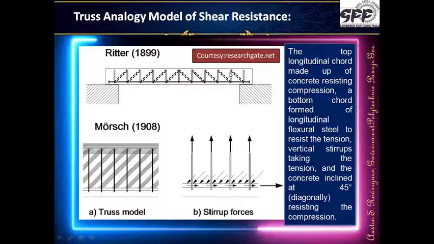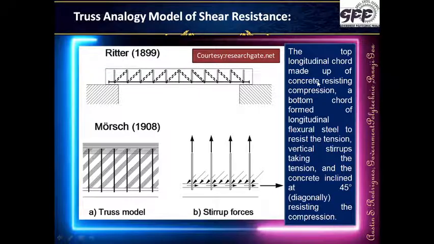Obviously over here this is concrete in compression, the steel in tension over here, these are the stirrups, and these portions show us the struts, those which are formed by the concrete. Then Morsch slightly changed it and gave a better explanation to this.